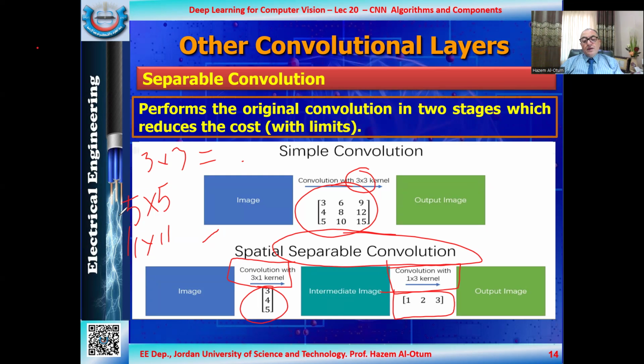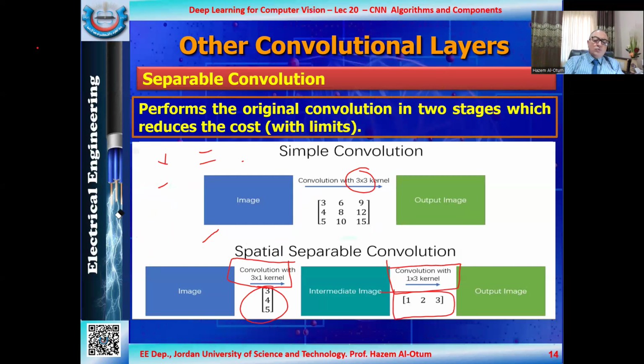This reminds us of the kernel matrices that were used in the discrete cosine transform and in the Fourier transforms, by applying separable matrices or decomposition matrices or vectors to apply the convolution operation on the pixels in the rows, then applying the transpose for the output, and repeating the same process in order to use the same matrix or vector in the row direction and in the column direction.